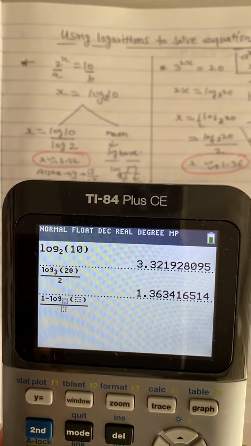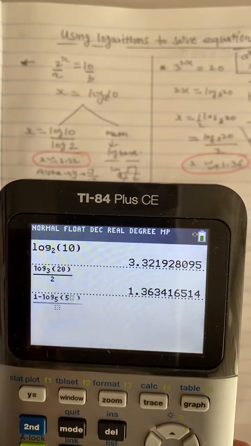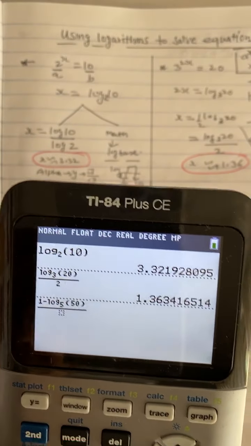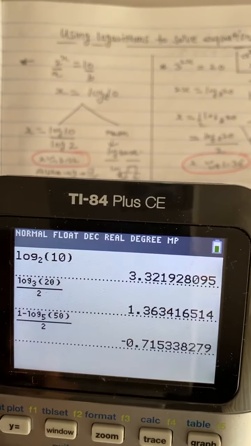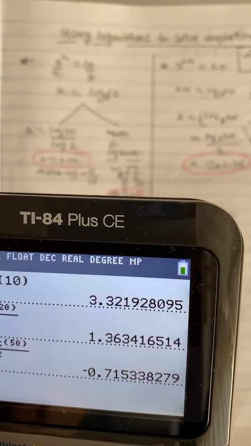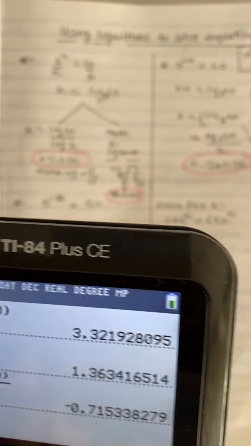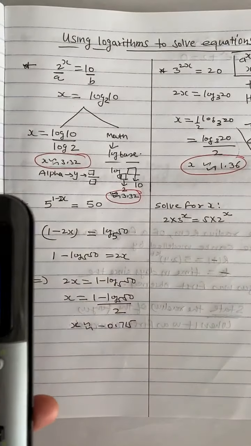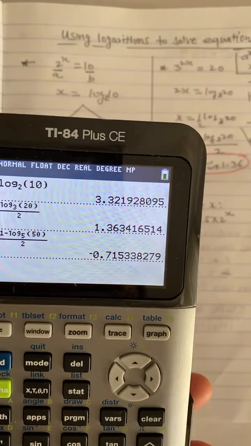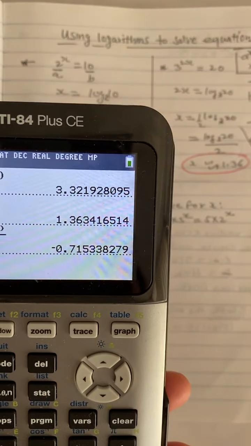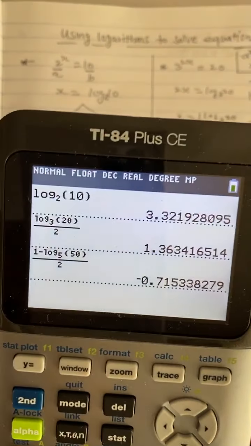Now the base is 5 and then I have 50 there, and divide by 2. So I got x is approximately negative 0.715, rounded to 3 significant figures. So x is equal to negative 0.715.